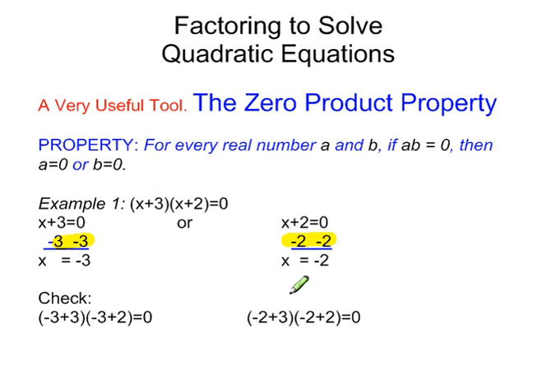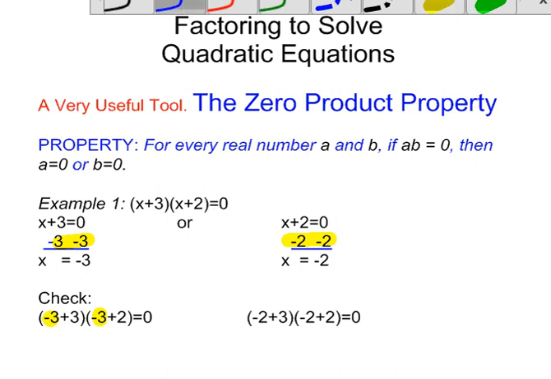We get x equals negative 2. Now each one of these we're going to check individually. If I substitute a negative 3 in for x, I get negative 3 plus 3 times negative 3 plus 2 equals 0.